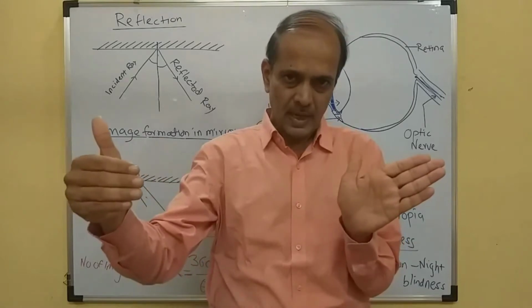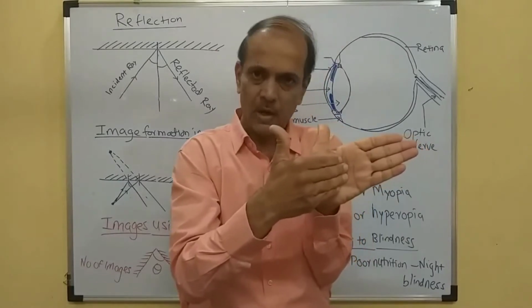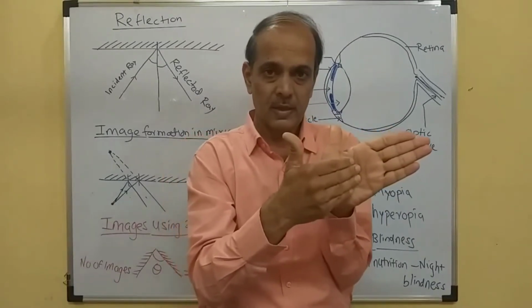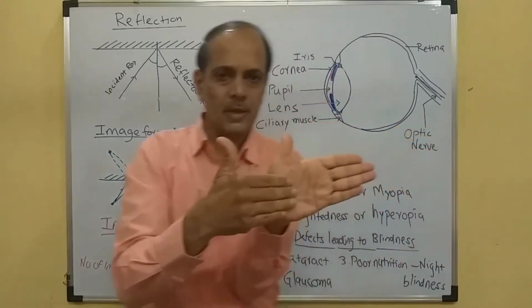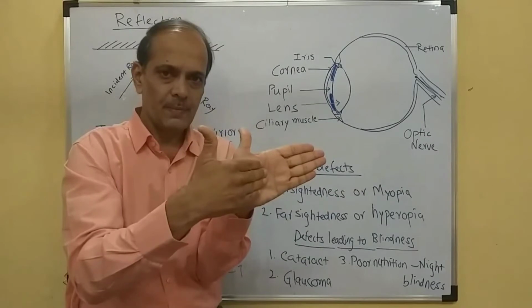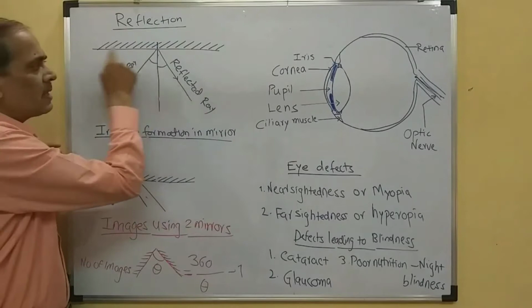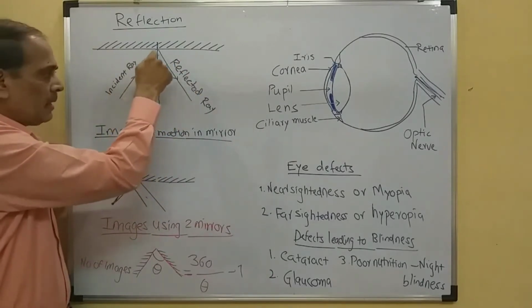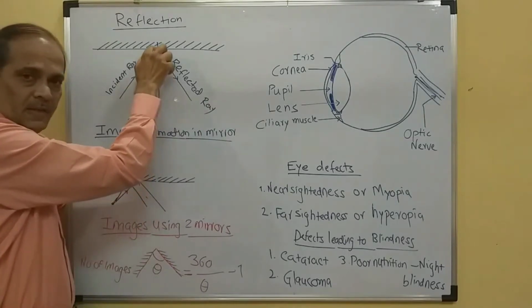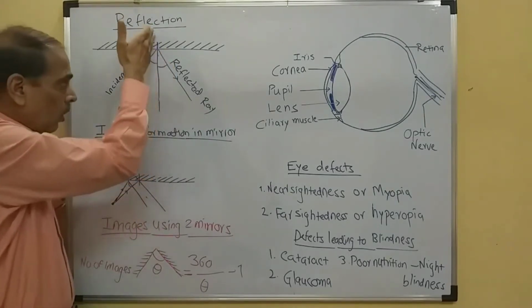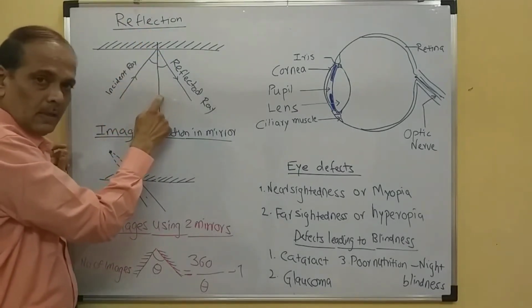You send a ray in one direction that falls onto the surface, that is a mirror or any shiny, smooth surface. Then it bounces. If I assume this is a mirror, the ray is coming this way, hitting this shiny surface of the mirror, it reflects. If I imagine this is a point where the reflection is happening, and if I draw a perpendicular to this, it is called the normal.